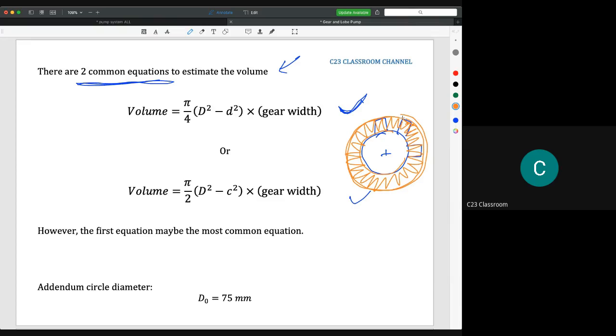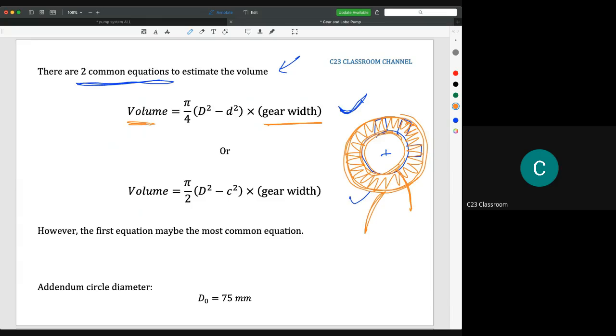We deduct the smaller circle area from the bigger circle area. That's why the equation is pi over 4 times d square minus small d square. And then we multiply with the gear width to get the volume.